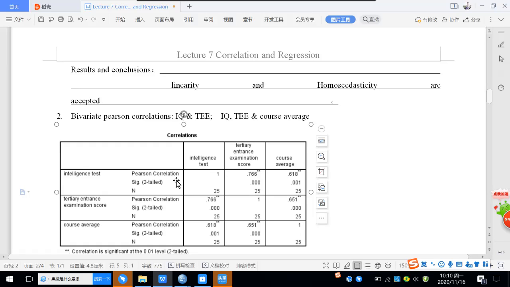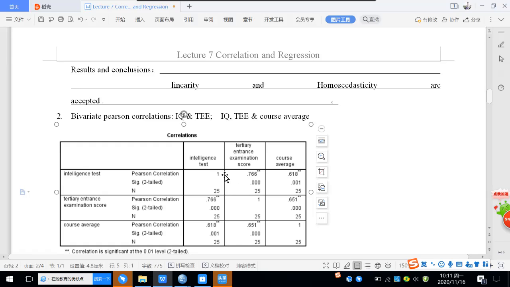If the Pearson correlation is -1, it also means a 100% linear shape, but it's not positive, it's negative. It's a negative linear correlation shape. Okay, that's the Pearson correlation.